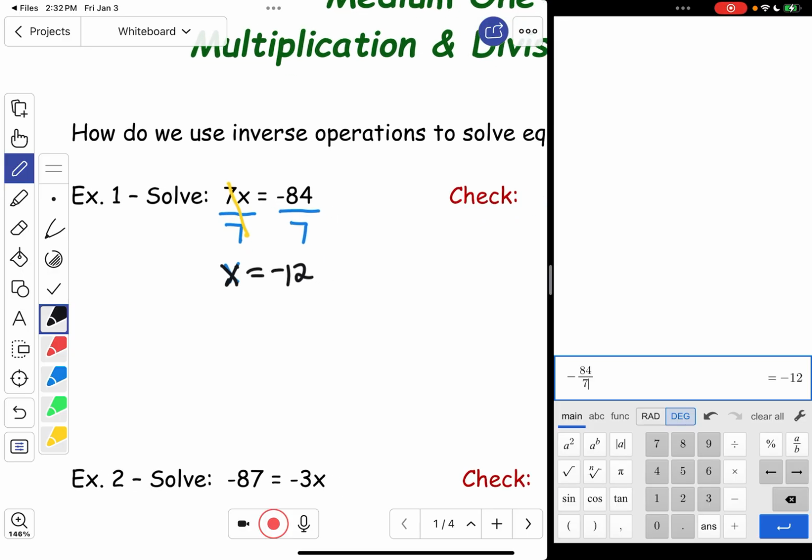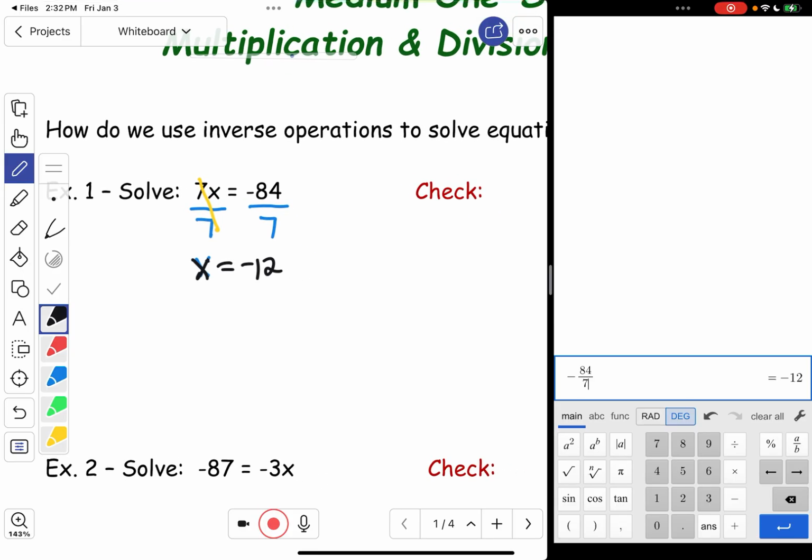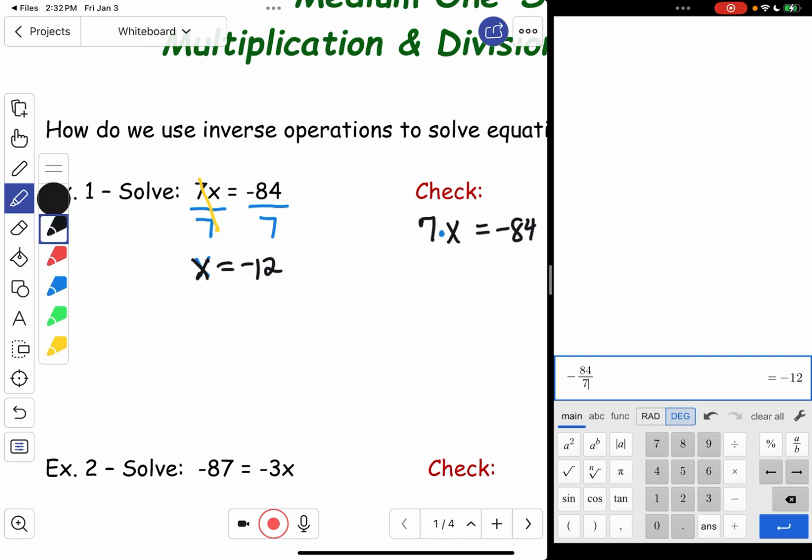It's always a good idea to check your work. When checking, I always like for my students to start by rewriting their equation. If you want, you could put that multiplication symbol there. We are going to substitute in our answer for the x.